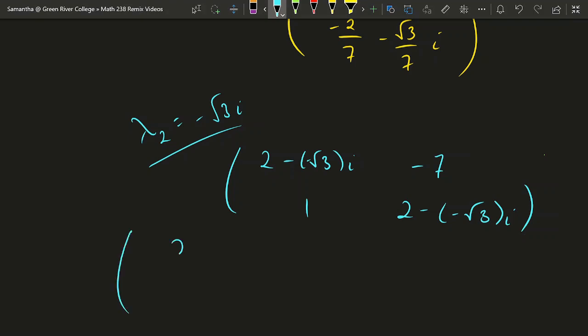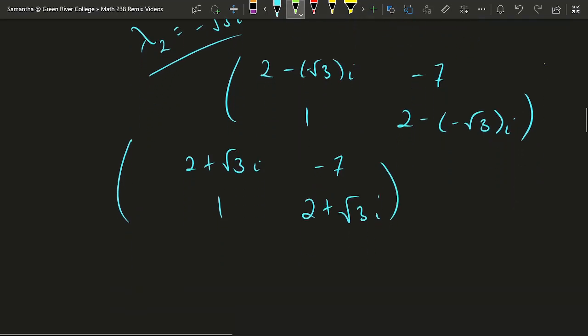Which becomes 2 plus √3i, -7, 1 and 2 plus √3i. And I need to find a vector which, when multiplied by this matrix, gets transformed into 0.